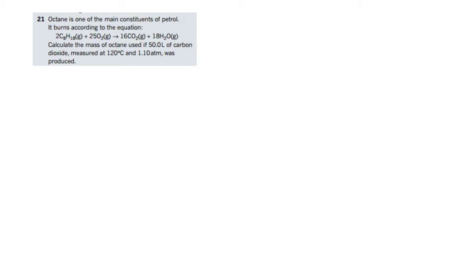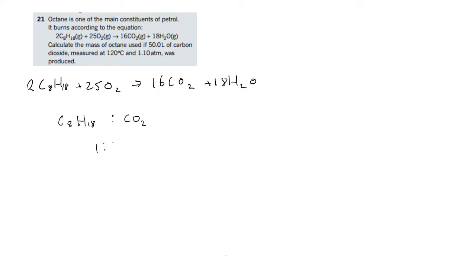Alright, so that's a balanced equation there. It's 2C8H18 plus 25O2 produces 16CO2 plus 18H2O. So the ratio between octane and carbon dioxide is 1 to 8, because 2 to 16 simplifies to 1 to 8.